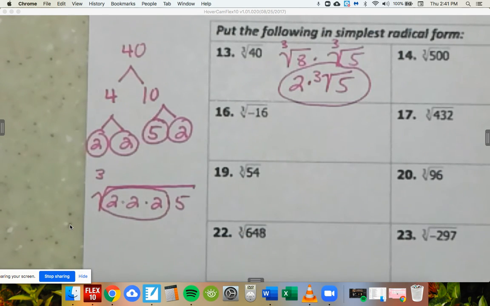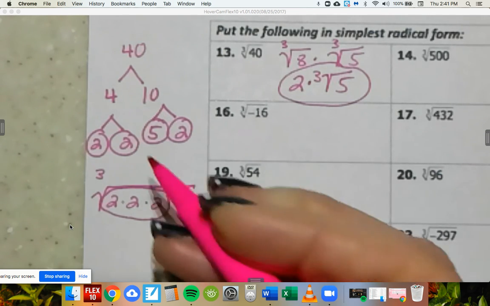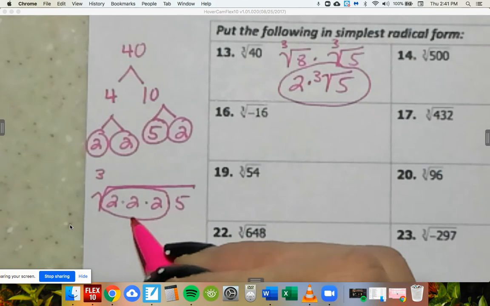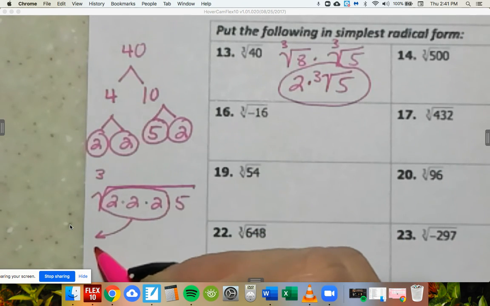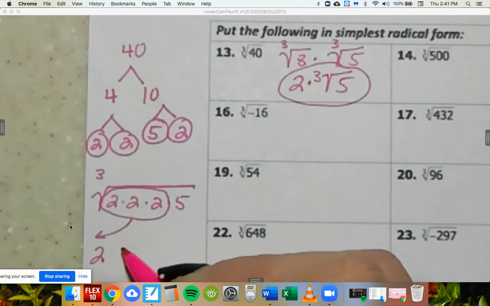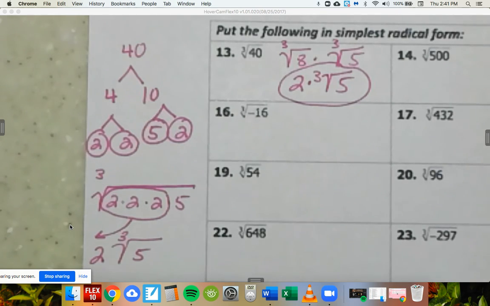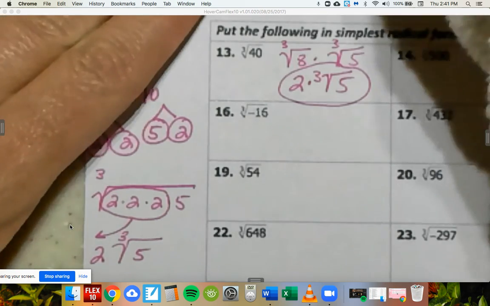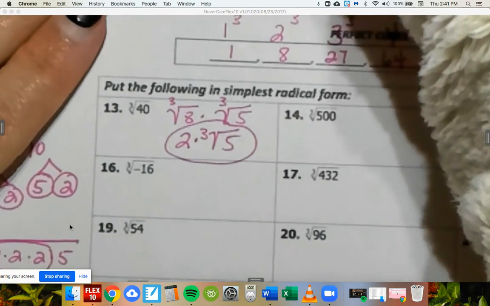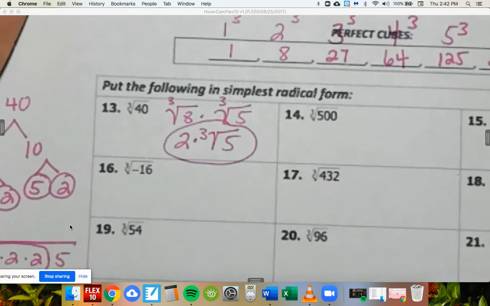There's a cute little triplet. 2 times 2 times 2 is 8. The cube root of 8 is 2. Another way to say it is, if you see a triplet of numbers, you get to pull one of these numbers out. So what comes out? A 2, leaving behind the cube root of 5. So 2 cube roots of 5.